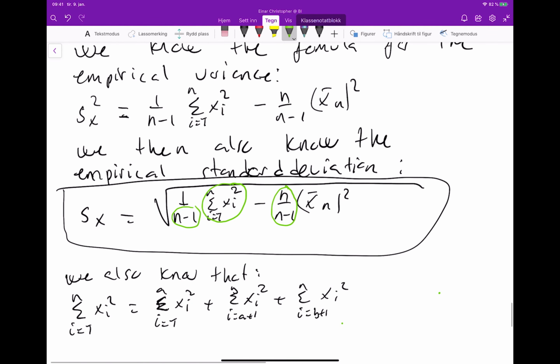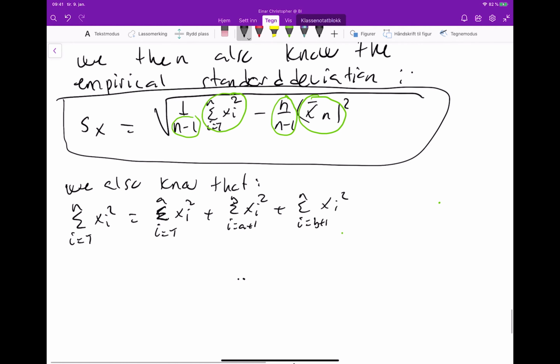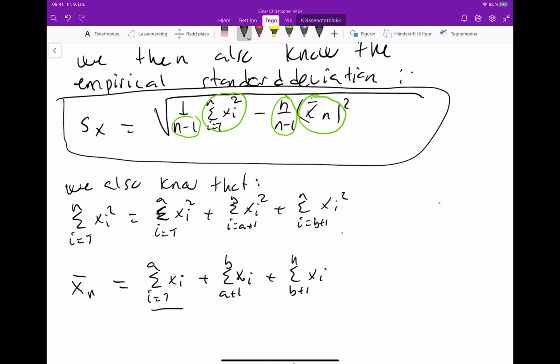And then lastly, we have to explain that we know this one too. Do we? Okay. We know that x bar n is equal to the sum of i equal 1 to a x i plus the sum from a plus 1 to b x i plus the sum b plus 1 to n x i, divided by n.